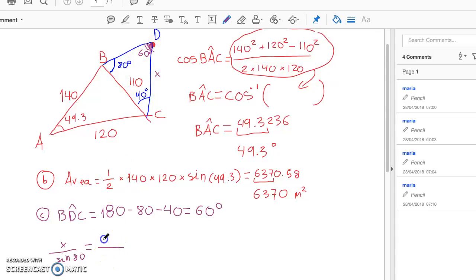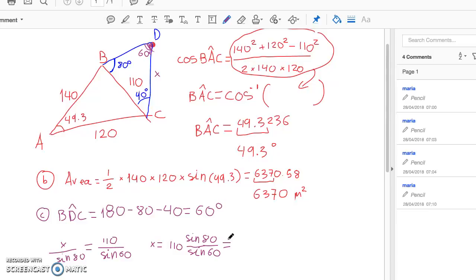I use this one because it's the one where I have the value and the sine of the opposite angle. So I have 110, times the sine of 80 goes up, and the sine of 60 goes down.